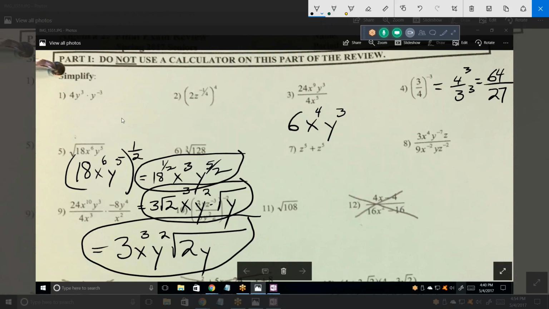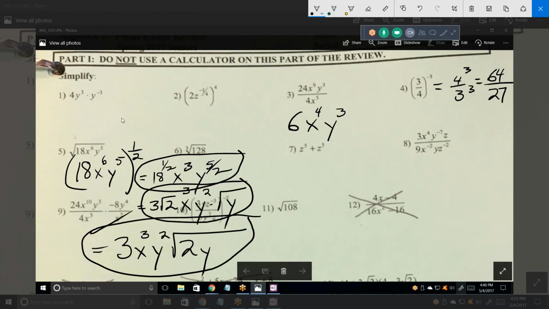But the y to the 5 halves, because I don't really want to give that as an answer because I want to give a radical sign back as the answer if I've got one. And so I can pull a y squared out of that, leaving behind a y to the 1 half, which is square root of y, combined with square root of 2 gives you square root of 2y. And that's the perfect answer.